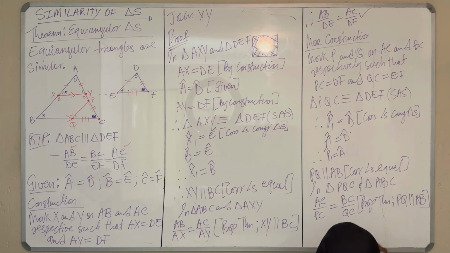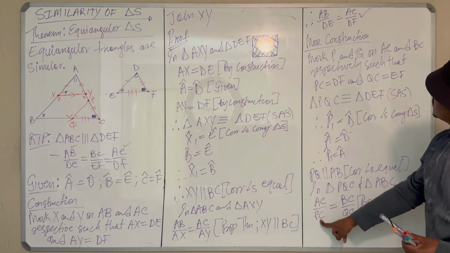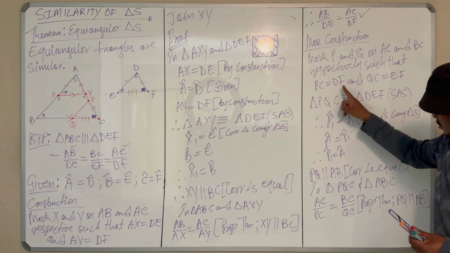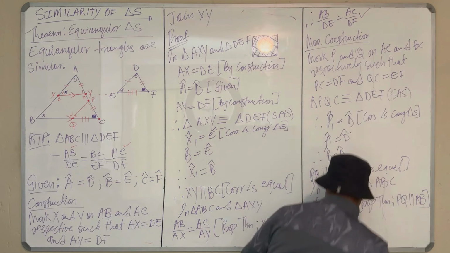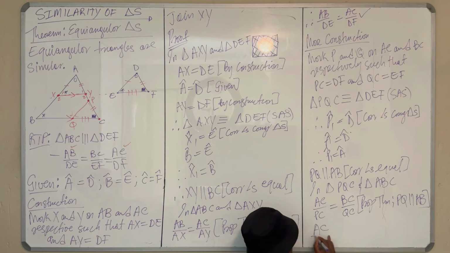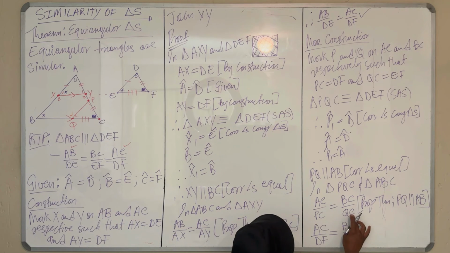Are you happy? Yes. But look now, PC is equal to what by our construction? PC is equal to DF and our QC is equal to EF. So what we have here is AC over DF equaling BC over QC. What is your QC?